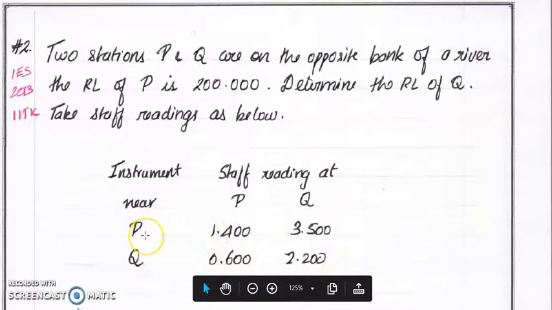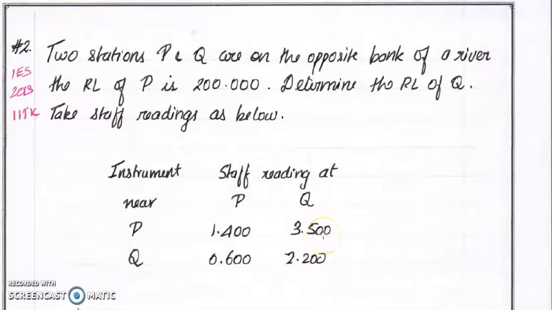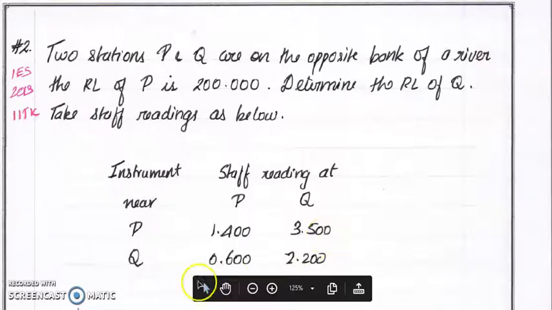Here, when the instrument is placed at P, 1.4 is the true reading and 3.5 is the incorrect reading, a reading with error because it is far away from P. When the instrument is placed at Q, 2.2 is the true reading and 0.6 meter is the incorrect reading.